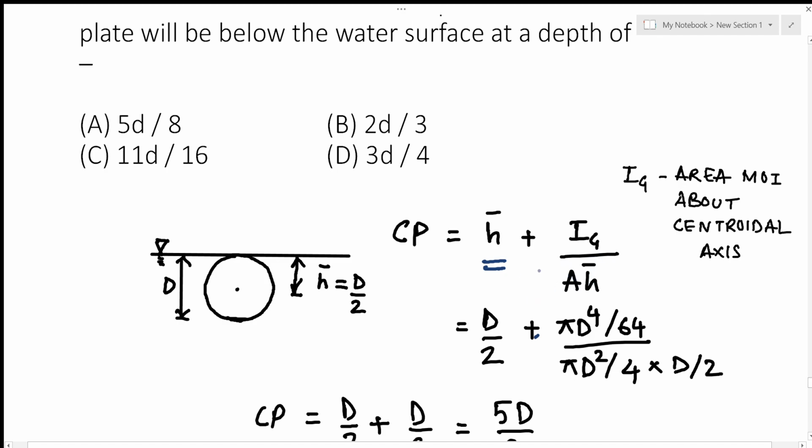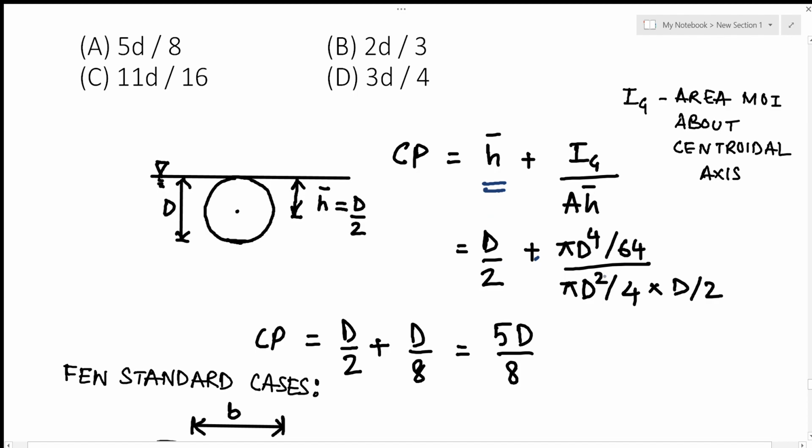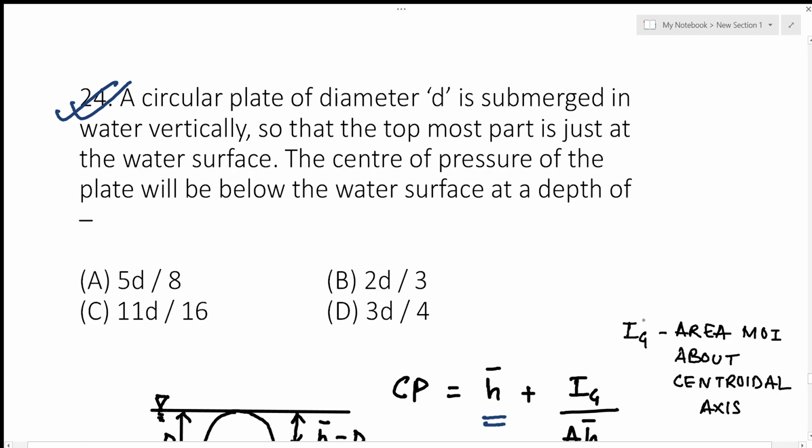So you just replace the values. Here the center of gravity is d by 2, plus pi d to the power 4 by 64 is the area moment of inertia. And area is given by pi d square by 4, and again the center of gravity is d by 2. So you just need to calculate the values, and the answer would come out to be 5d by 8. Answer is A, 5d by 8.